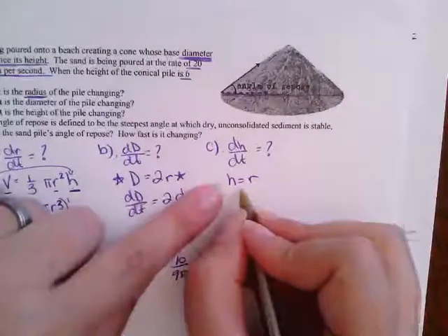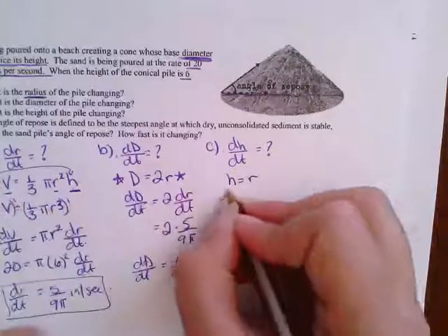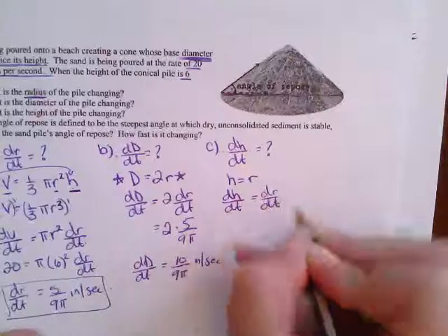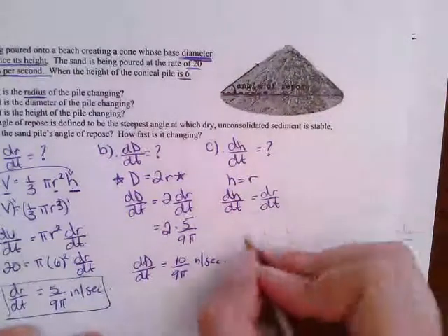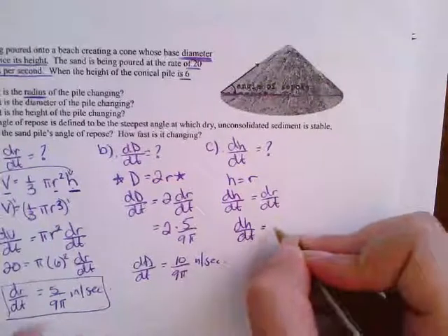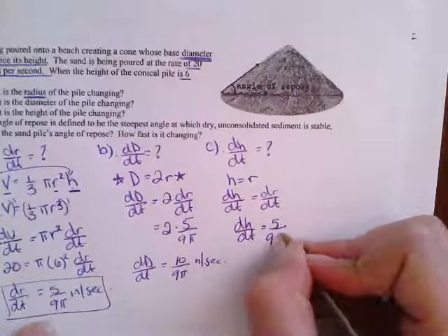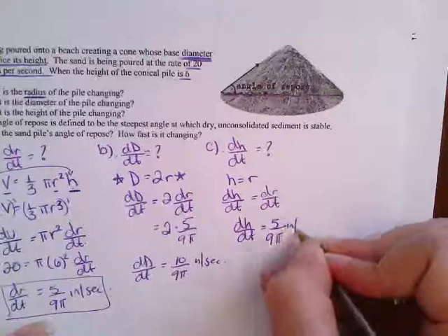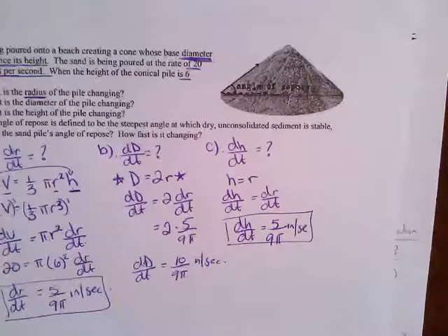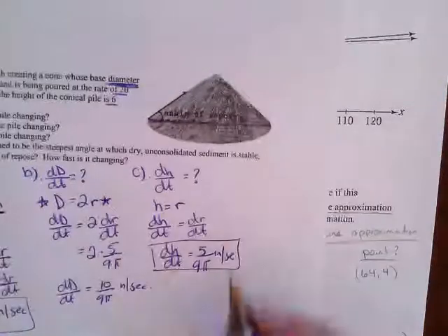We have this equation. So guess what? dh/dt is going to be equal to dr/dt as well. And we already have this. So dh/dt is 5 over 9 pi inches per second. Easy once you start thinking about these problems.